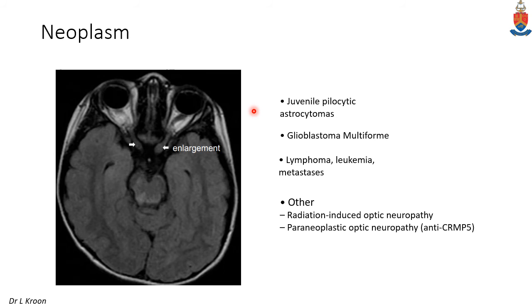They can also be grade 4 examples, such as glioblastoma multiforme, but also lymphoma, leukemia, as well as metastases can invade the optic nerve and cause vision loss, as well as optic nerve enlargement. Other tumor-related causes of vision loss include radiation-induced optic neuropathy, as well as a paraneoplastic form of optic neuropathy, the so-called anti-CRMP5 variant.